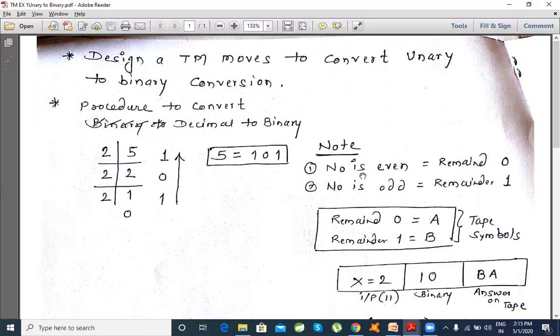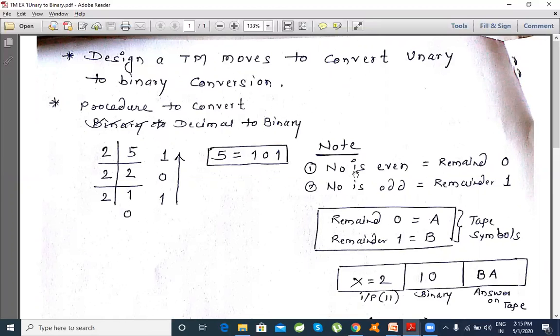Now note that for this conversion we need to remember the remainder. The remainder would be 1 if the number is odd, and if the number is even, we'll get the remainder 0. So either 0 or 1 would be the remainder.